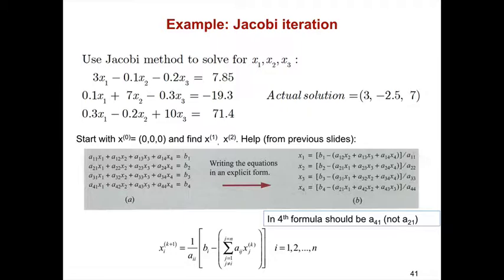Wait, so for the next iteration, x1 is 7.85 divided by 3? Yes. And then x2 is minus 19.3 divided by 7. Isn't it like x1, like the left side, like x raised to 1? Isn't that a vector? It is.